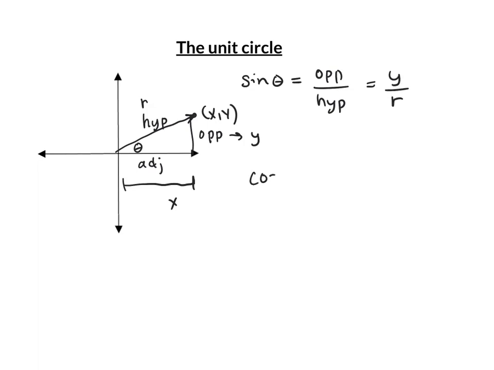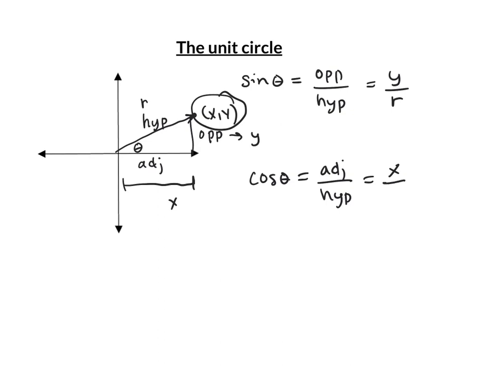And if I say the cosine of theta, cosine, SOHCAHTOA, is adjacent over hypotenuse. Well, again, look at my angle in standard position and look at adjacent over hypotenuse. The adjacent is the x of that point, and the r, they call it the radius of rotation, r.